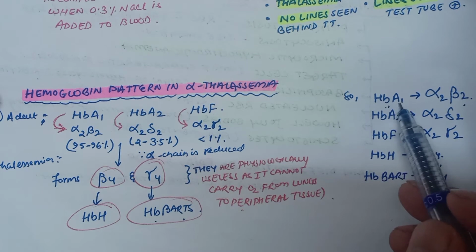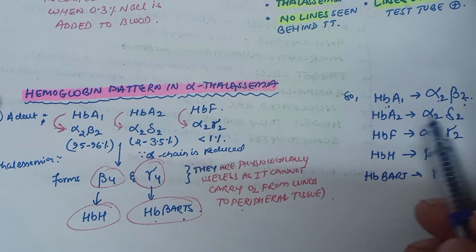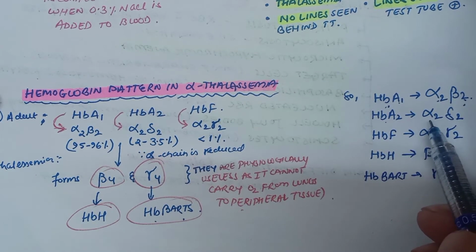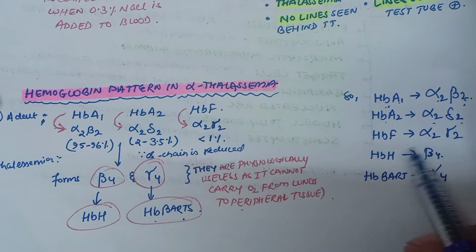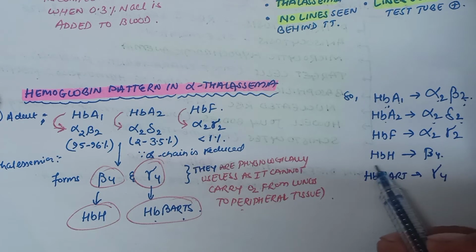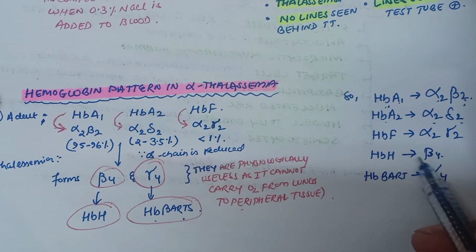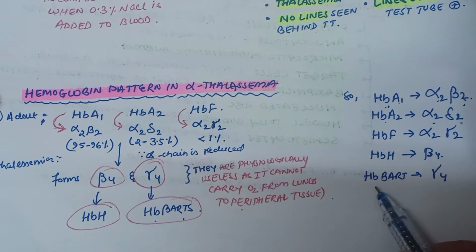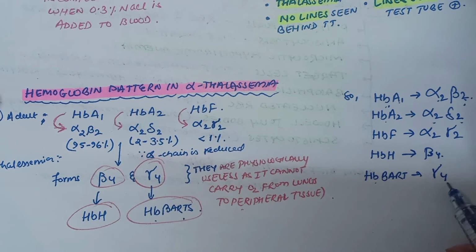So HbA1 will have alpha 2 beta 2, HbA2 will be alpha 2 delta 2, HbF will have alpha 2 gamma 2, HbH will have beta 4 and Hb Bart will have gamma 4.